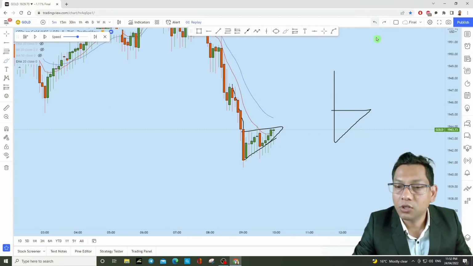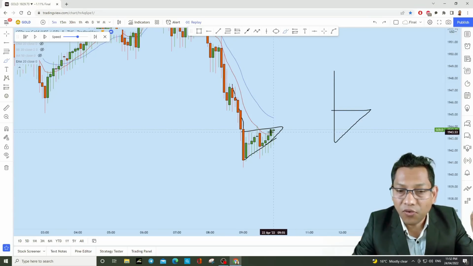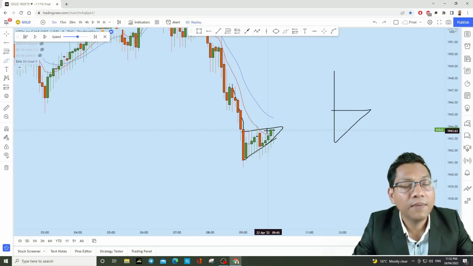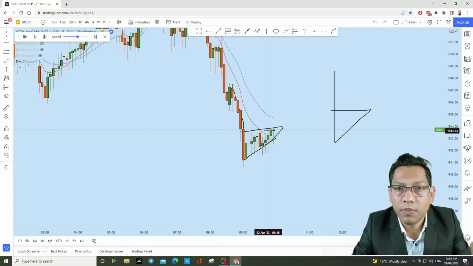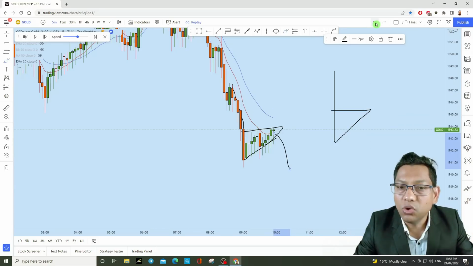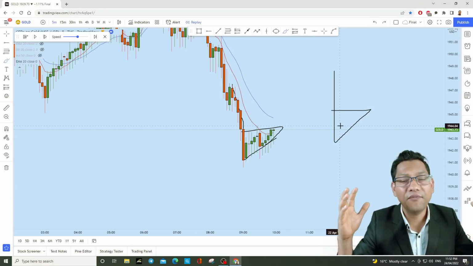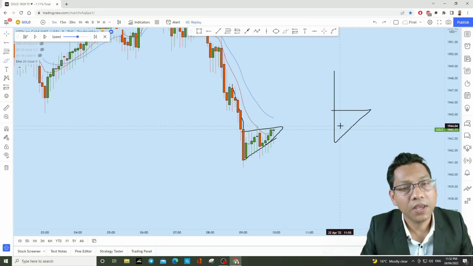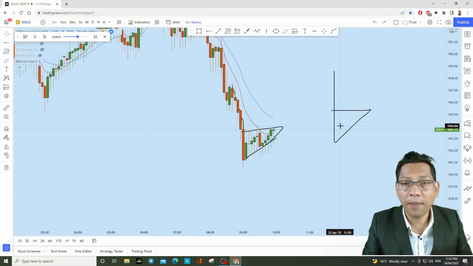Once you have identified the structure on the 5 minutes, the next thing you will be waiting for is a breakout from this structure. As you have seen, you have found a bearish engulfer on the 4 hour time frame, so the price is likely to drop.